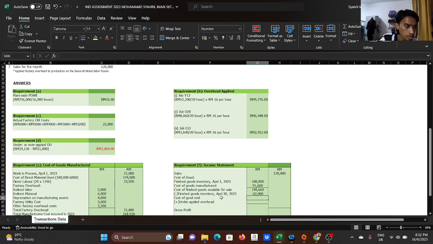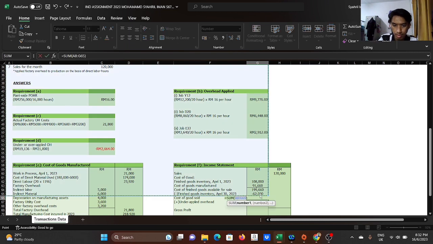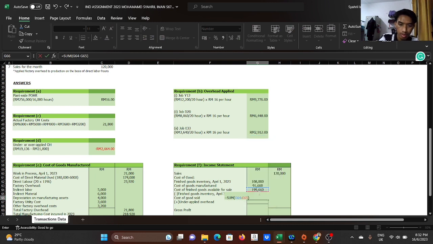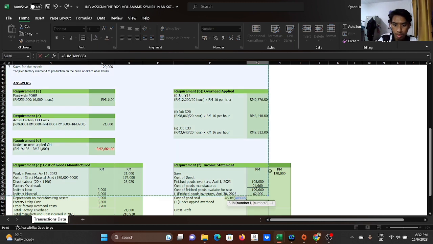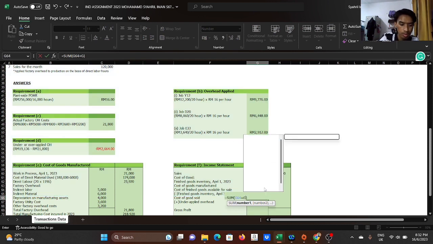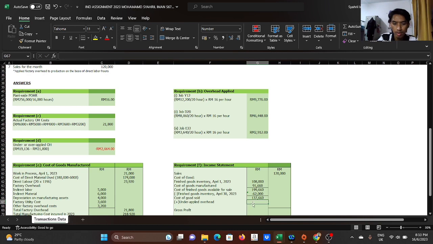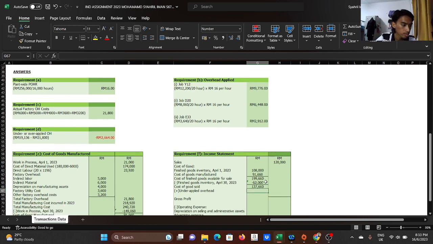Next, we compute these two amounts, and we get 137,660.